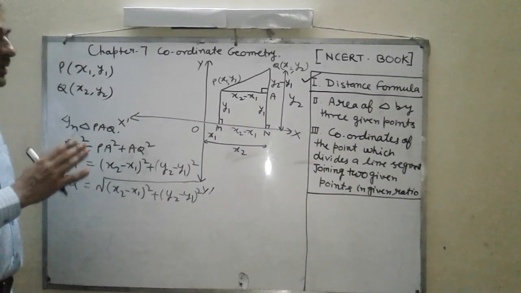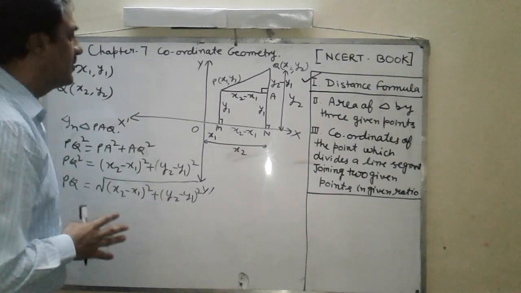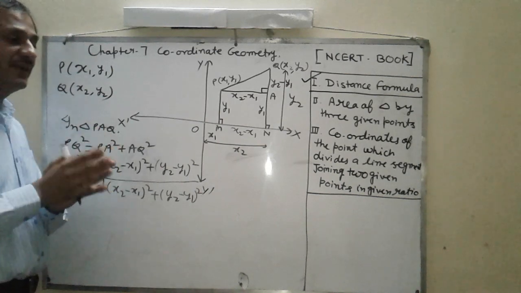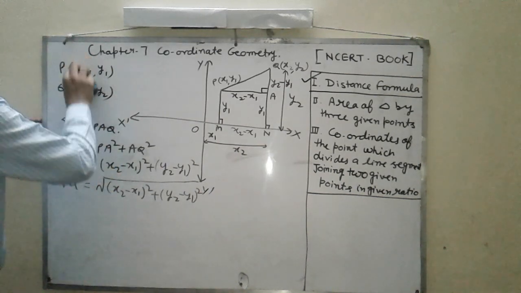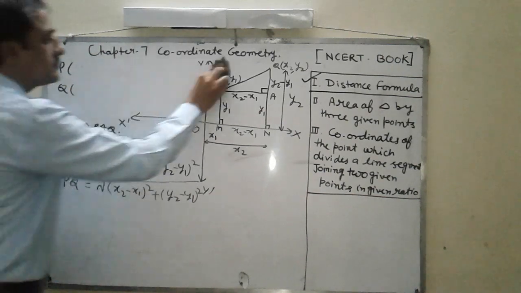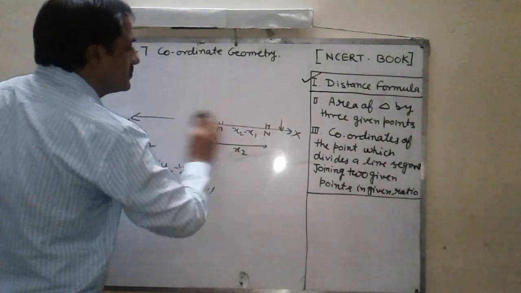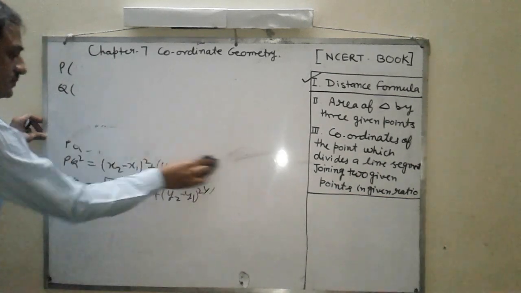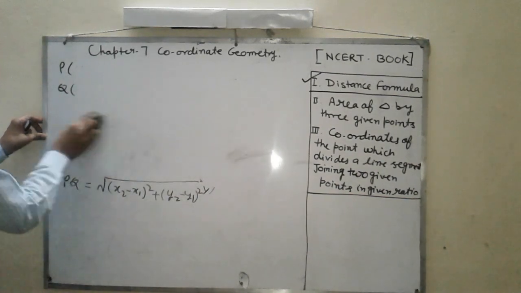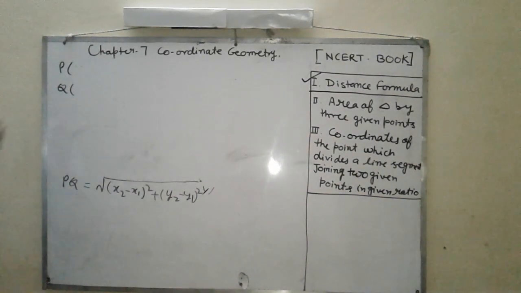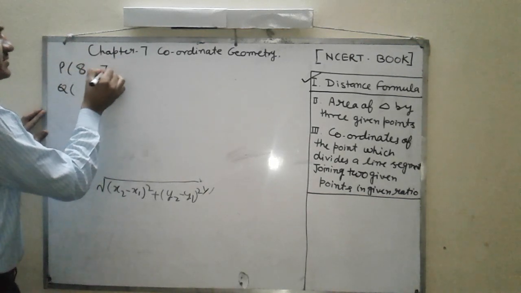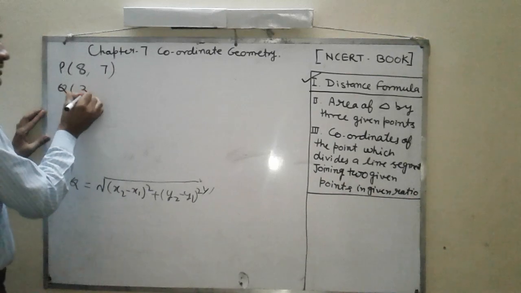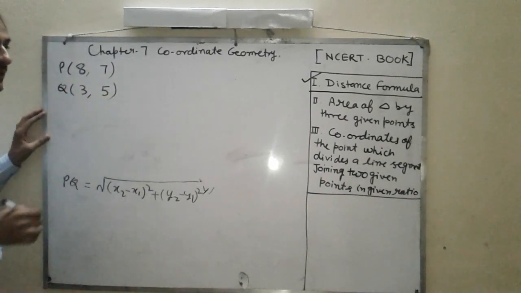Children, now I am going to take an example for the illustration of this formula. How should we find the distance between the 2 points? Suppose point P is (8, 7) and point Q is (3, 5).